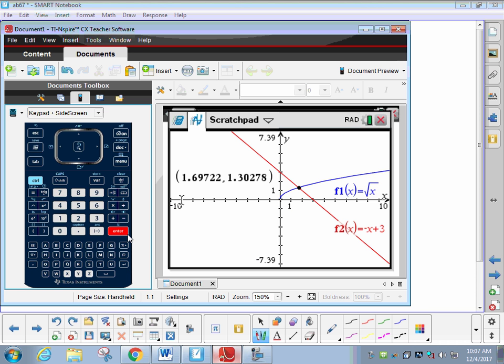Do you have those stored, my friends? Good deal. Actually, it wouldn't be that hard to find the intersection points by algebra, but we'll save ourselves some time.